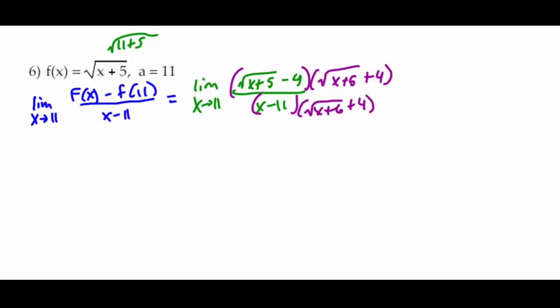So on top I need to FOIL, although because of what I picked, I don't actually FOIL so much as I do first and last. First, x plus 5 times x plus 5, both under the square root, gets rid of the square root and gives us x plus 5. My outer term would be a positive 4 square roots of x plus 5.